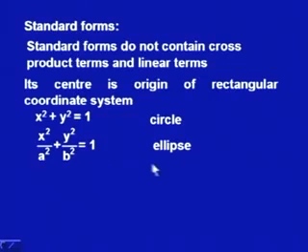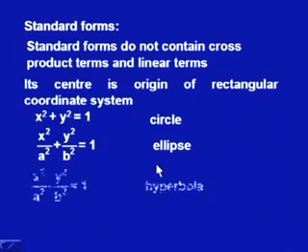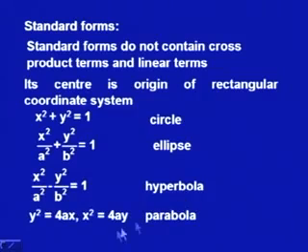Again, this is free of cross terms and linear terms. Another form, x square over a square minus y square over b square is equal to 1, represents a hyperbola. And y square is equal to 4ax or x square is equal to 4ay represents a parabola.